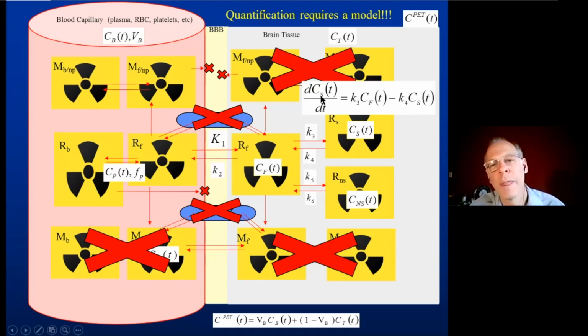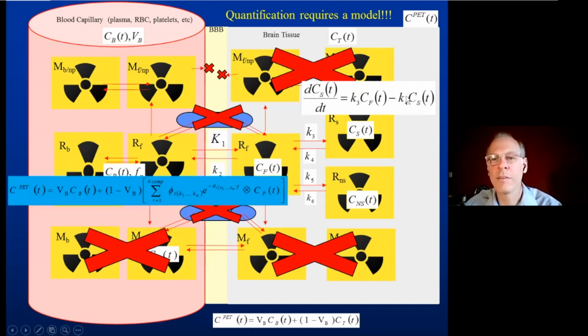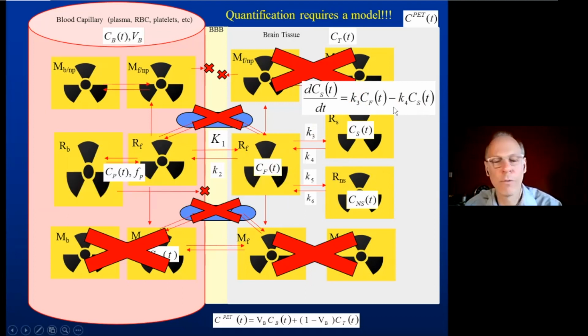The concentration of radioligand in one compartment, for example, the specific compartment, is what enters minus what exits. Because this is first order kinetics, what enters is a rate constant K3 times the concentration in the compartment from where the radioligand comes. And what exits is a rate constant K4 times the concentration of this compartment.